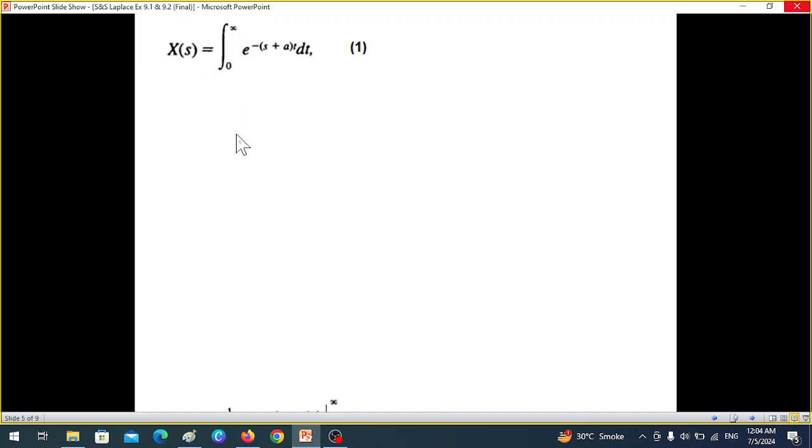Okay, so this was the signal. And now if we integrate, we'll get this term and we'll put the limit here. Now there are two possibilities: this value of S plus A could be positive or it could be negative, that is, greater than 0 or less than 0. You can also say why not equal to 0.